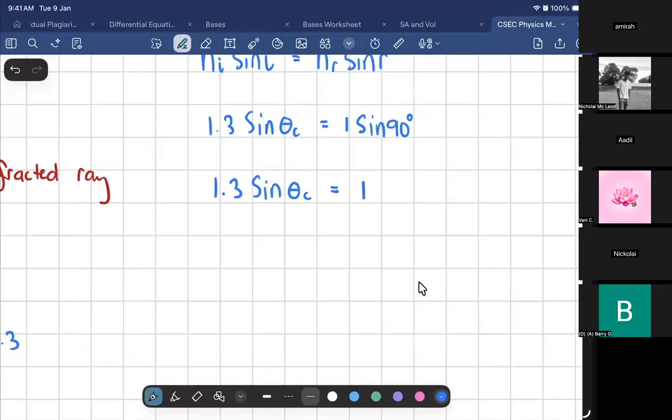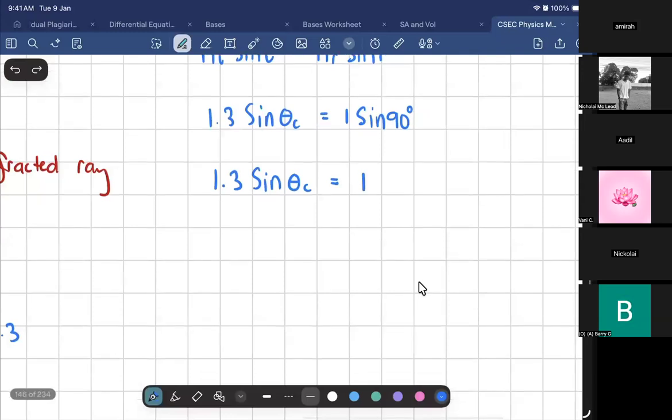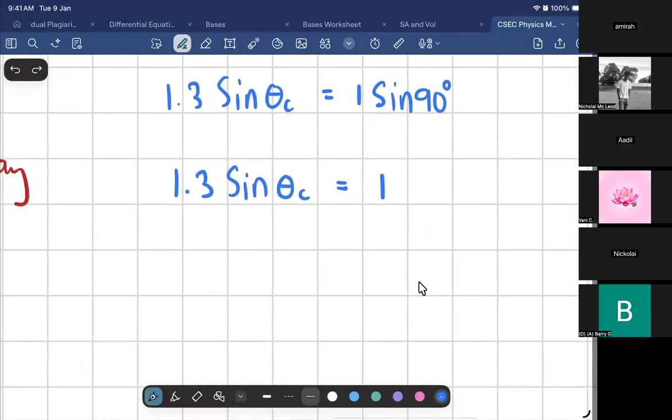So Amira, we are trying to find what here? The critical angle. We're trying to find theta c. What do you think? What would you do next? I would try to make sine theta c the subject. Yes, you have to make sine theta c the subject first.